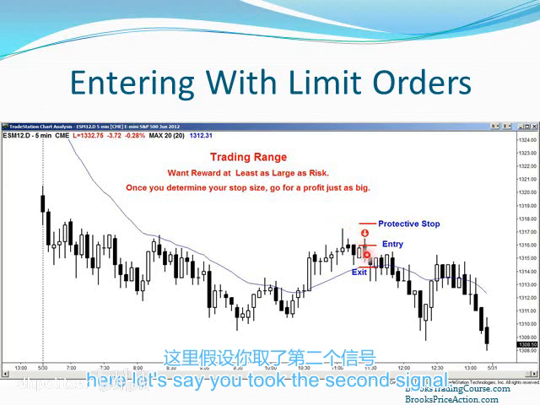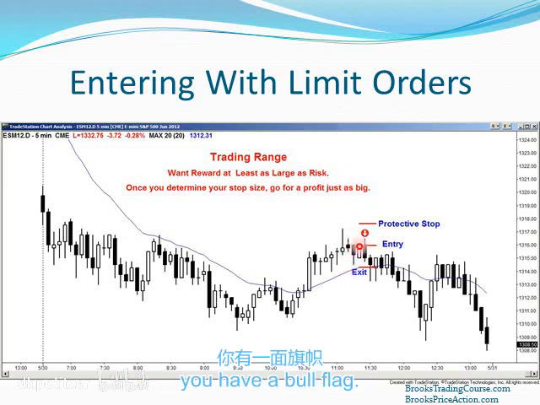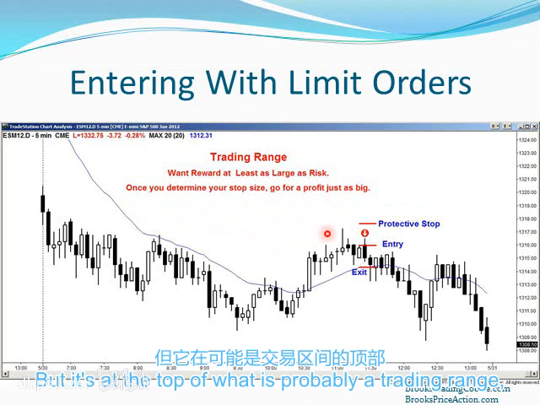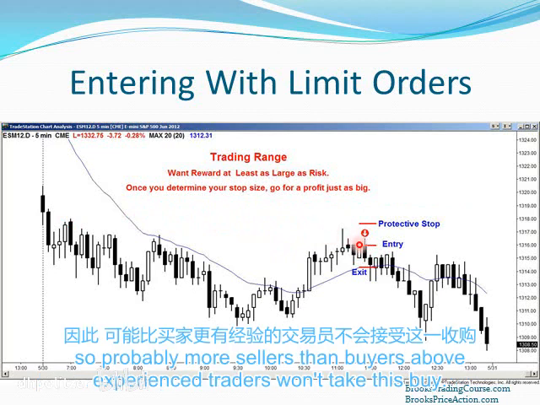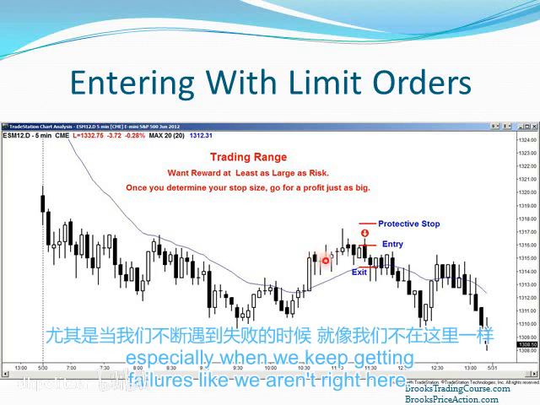Here, let's say you took the second signal. Actually, this is to illustrate limit orders. Okay, you have a bull flag, but it's at the top of what is probably a trading range. So probably more sellers than buyers above. Experienced traders won't take this buy. They won't be buying bull flags at the top of a trading range, especially when we keep getting failures like we are right here.